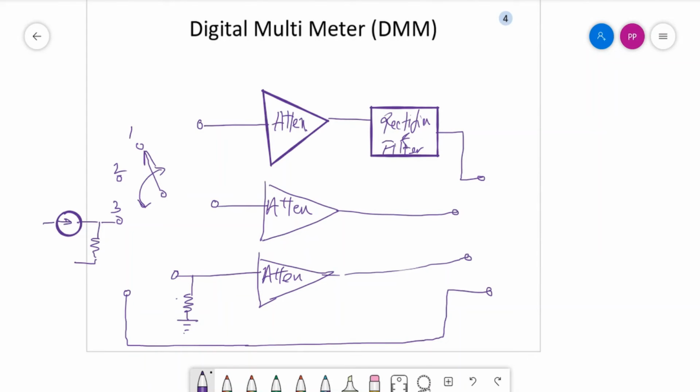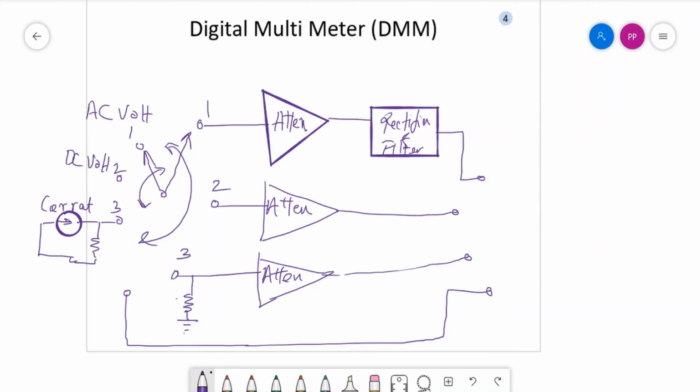So this is for measurement of current through the DVM technique. Second one is for DC voltage measurement, and first one is for AC voltage measurement, AC volt. So here accordingly the second switch will also work among these. This will toggle like this, so when this is at 1, you go to 1, it is at 2, you go to 2, it is at 3, you go to 3, like this.